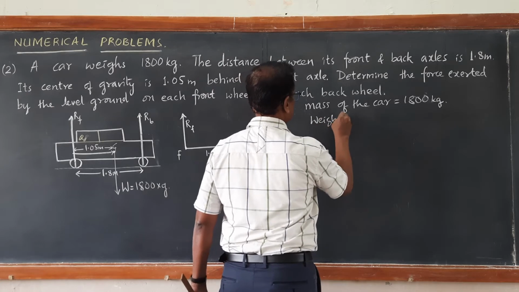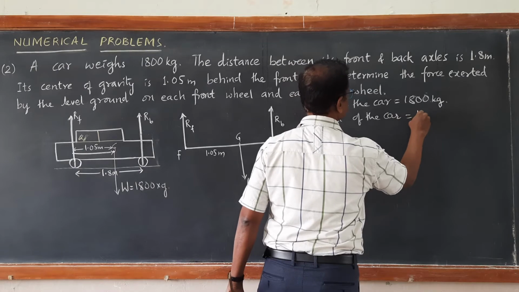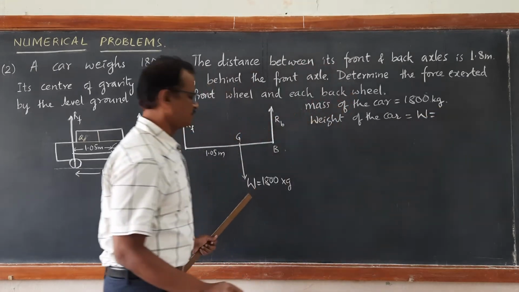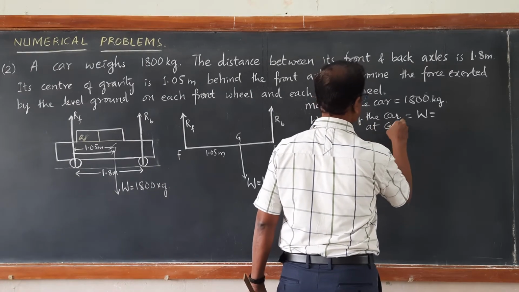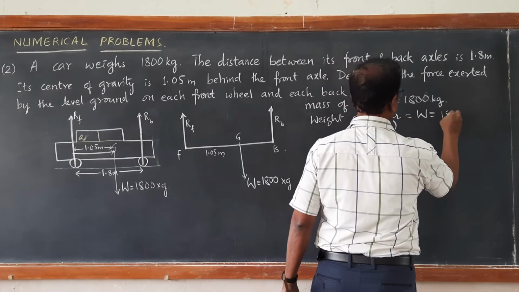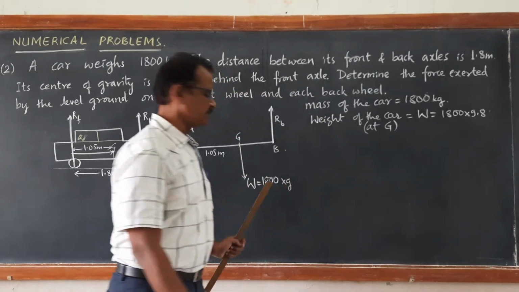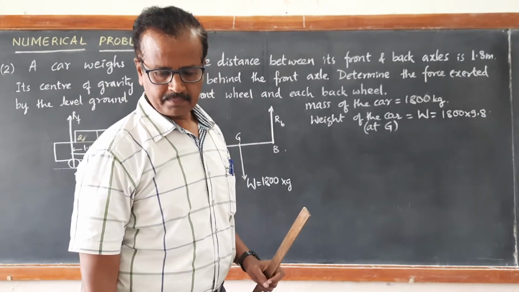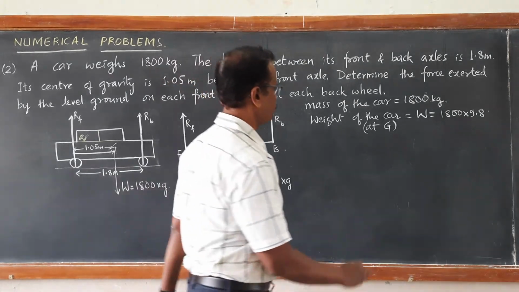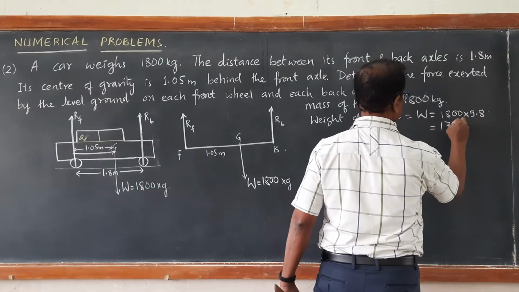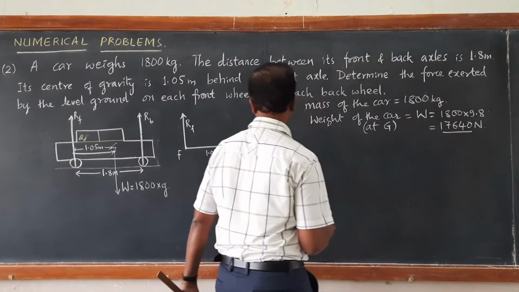Weight of the car, W at center of gravity G, is equal to 1800 into 9.8, that is 1800 into g. That gives us the total weight 17640 Newton. When you multiply this, you will get this result.